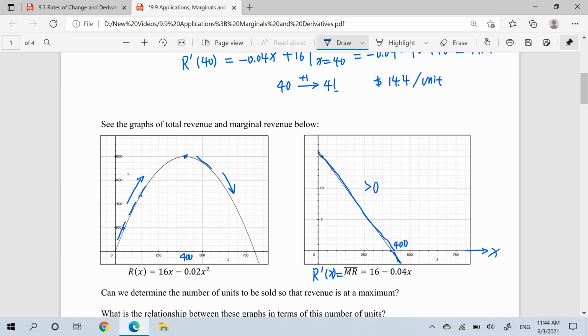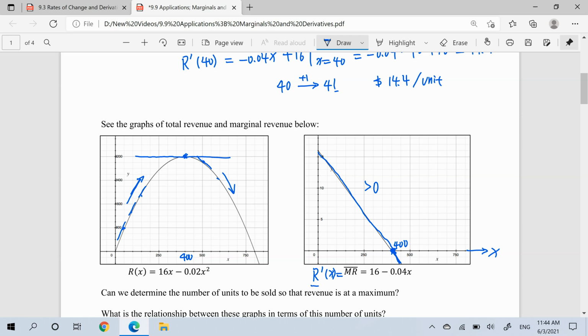The slope of the tangent line at each point is negative. So positive slope, then negative slope. Then what's this? This point matches the vertex. At the vertex, the tangent line is horizontal, so the slope is 0. That's why here is 0.